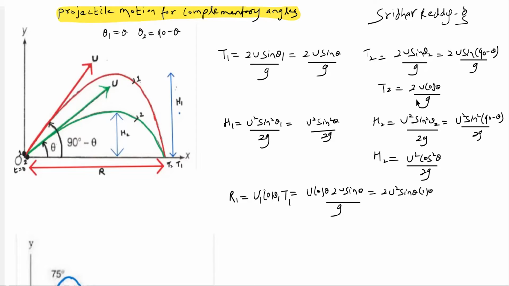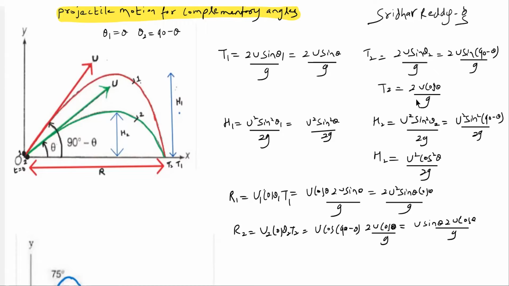We'll go for range. Both are projected with the same speed u. So range R1 equal to u cos theta 1 into t1, which is u cos theta into 2u sine theta by g. What about the range of the second projectile, with theta 2?